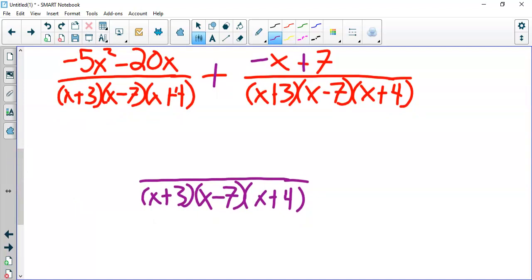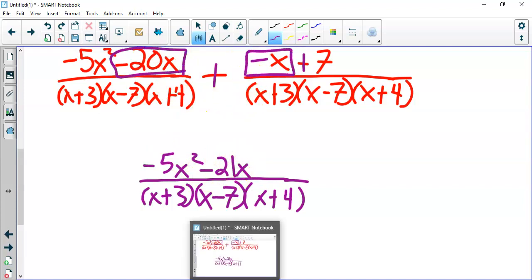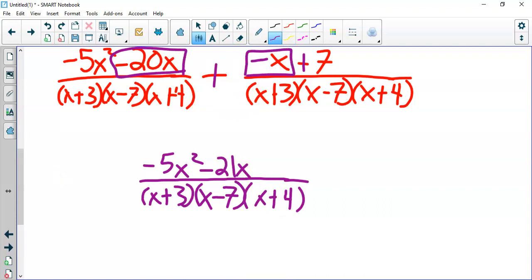You have a negative 5x squared. Yes. And then x. Right? Oh, I'm sorry. Nope. Negative 21x. Because these two right here are going to get together. A negative 20x and a negative 1x give you a negative 21x.